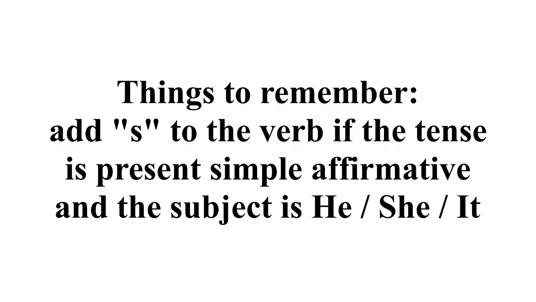Now, a thing to remember about present simple tense is that you have to add an S to the verb if it's present simple affirmative and the subject is what we call the third person singular, he, she, or it. Now, what I mean by present simple affirmative is it's a positive sentence, not a negative sentence, and not a question.